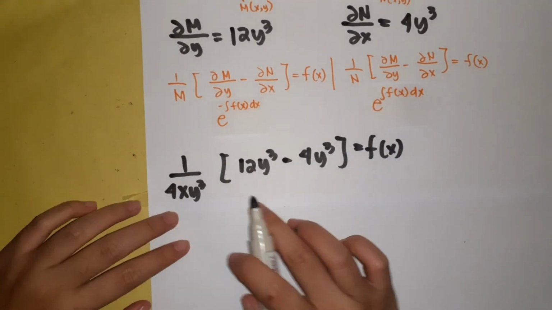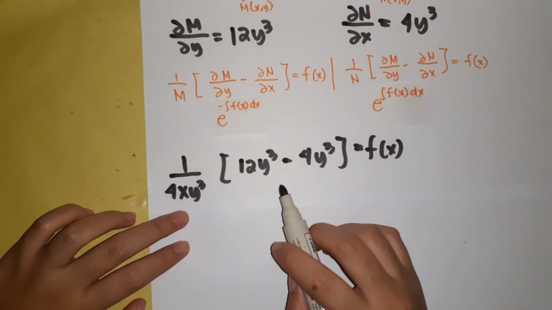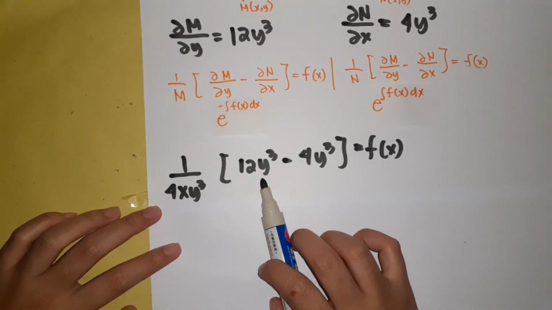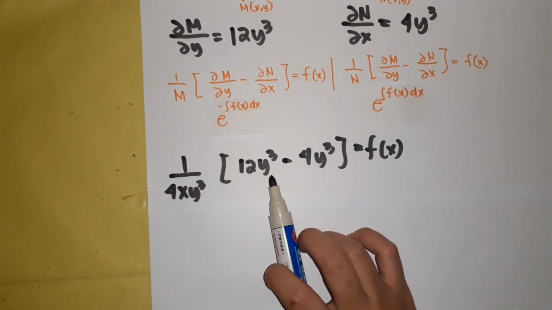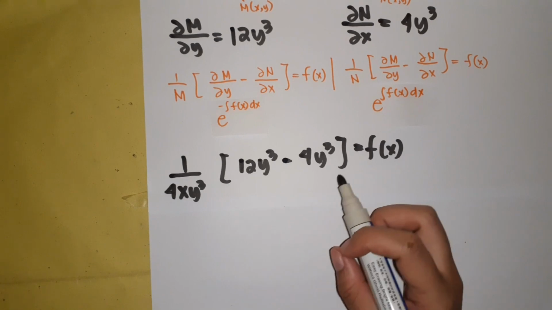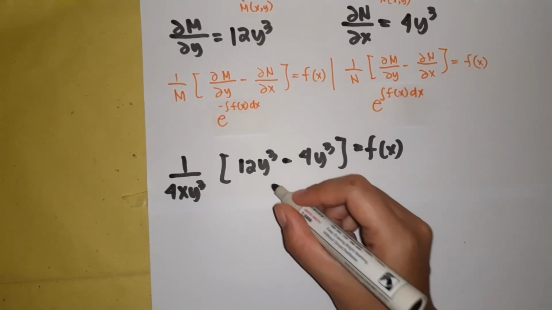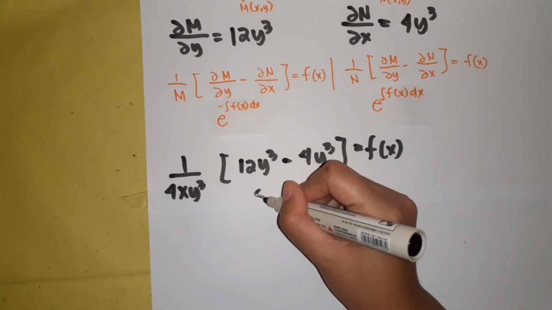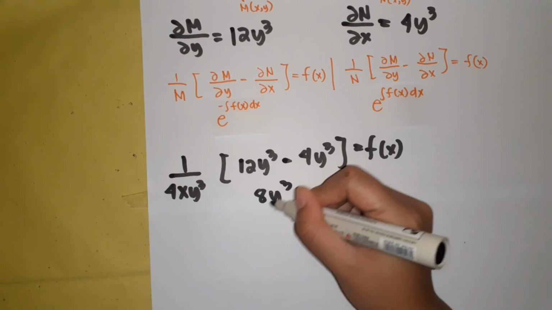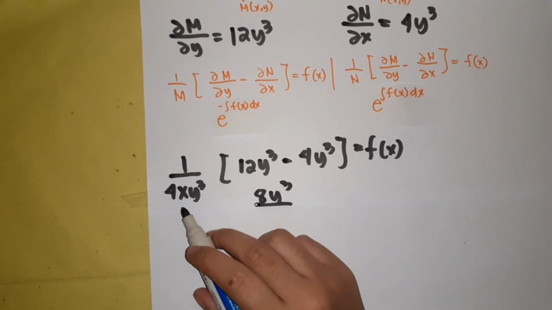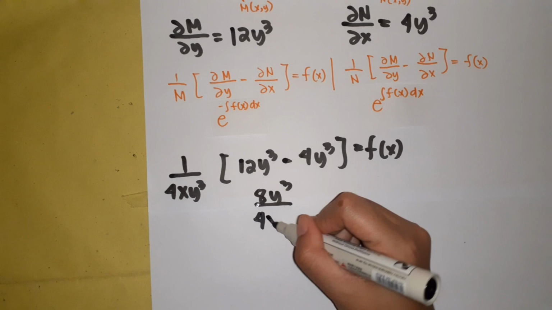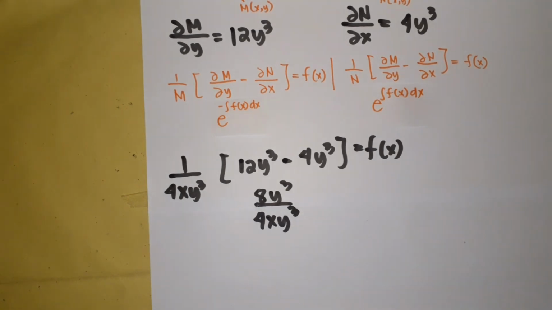Since they have the same variable y^3, we can subtract them: 12 minus 4 is 8y^3 over 4xy^3.